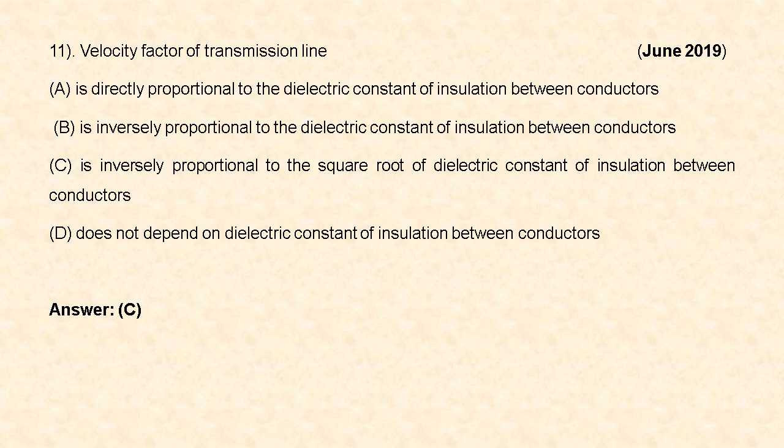Option D, does not depend on dielectric constant of insulation between conductors. We know that the velocity factor is inversely proportional to the square root of dielectric constant, that is relative permittivity of insulation between conductors. So option C is correct.